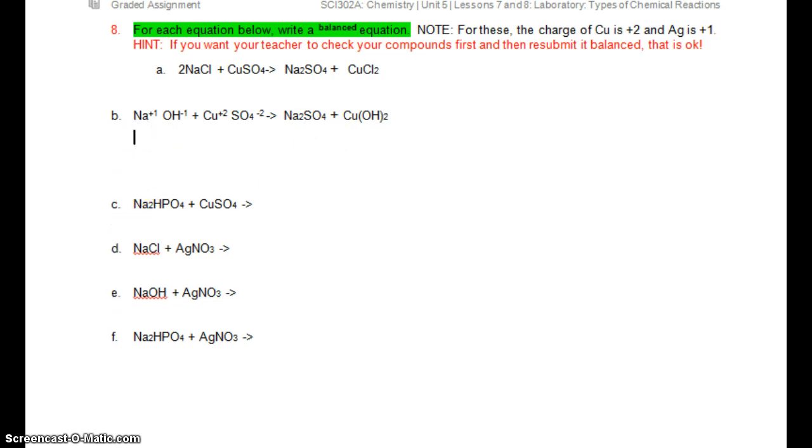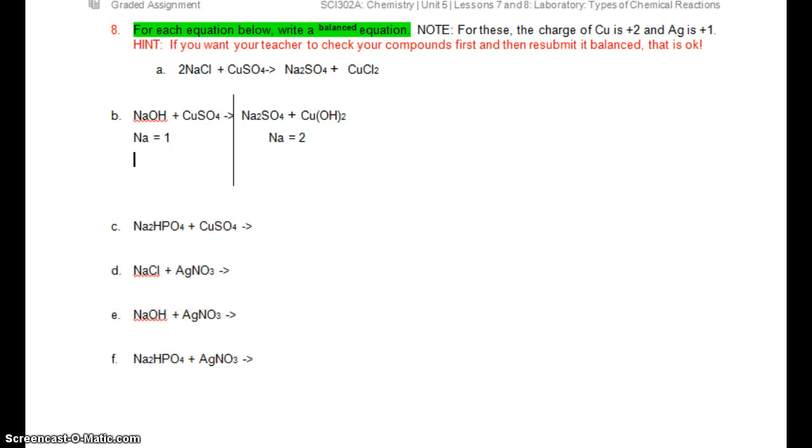All right, so I want to draw a line and split up my product and reactant side. And let's get rid of all these charges because I just put those on there to help make our products. And now I need to go through the list. So on the left-hand side, on the reactant side, how many Nas? 1. On the product side, how many Nas? 2.